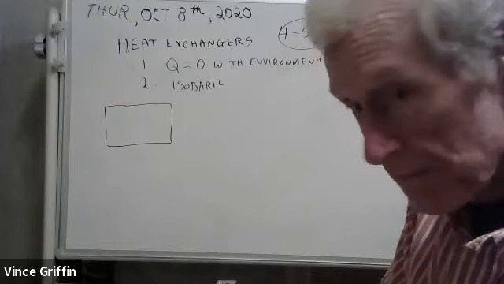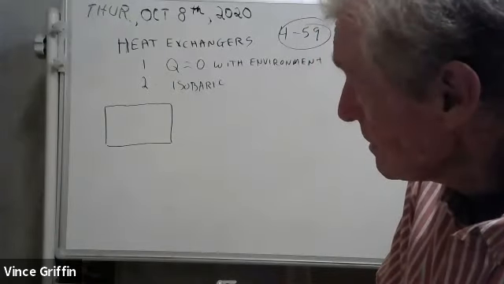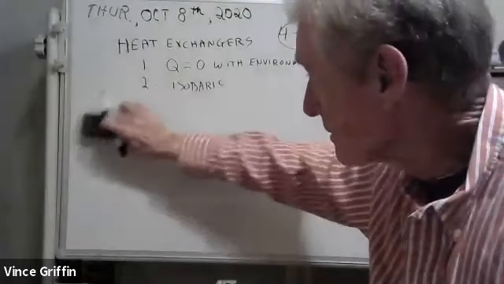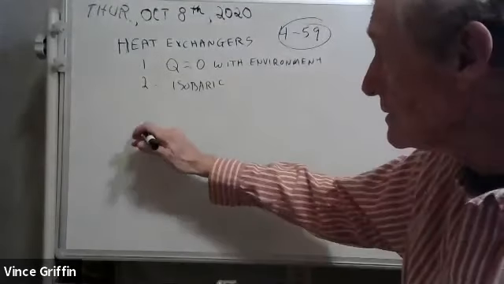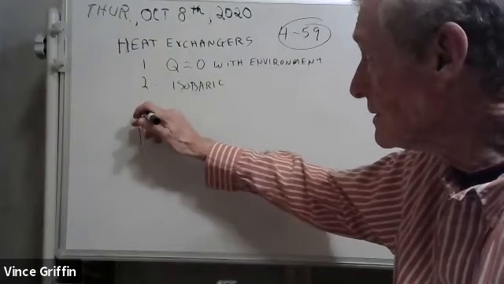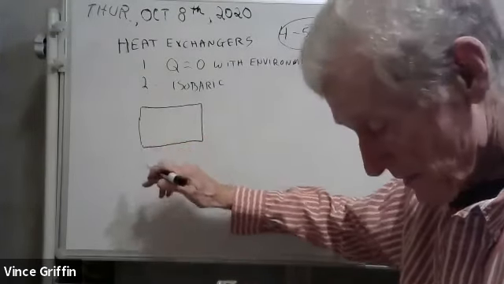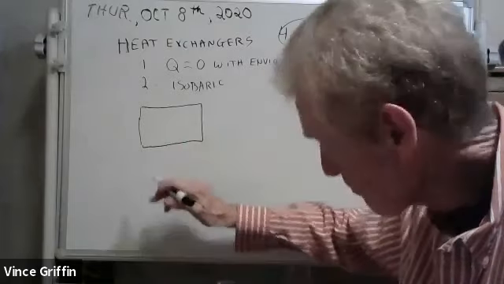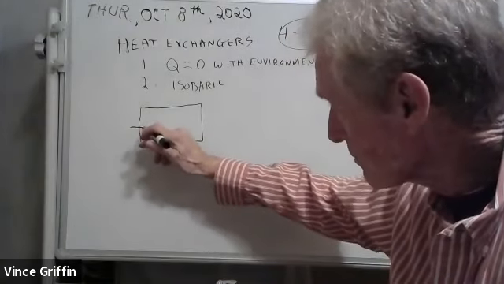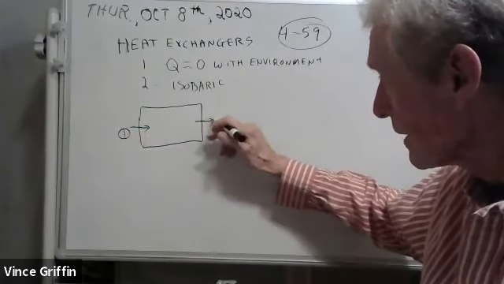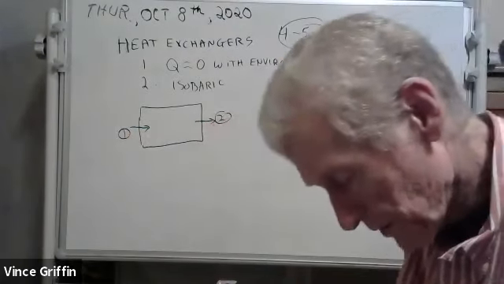Let me scoot that over just a tad. Now you've got something coming in here, state 1, and something going out here at state 2. Let me read the problem here.